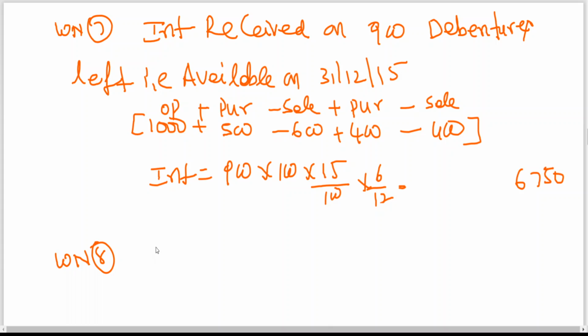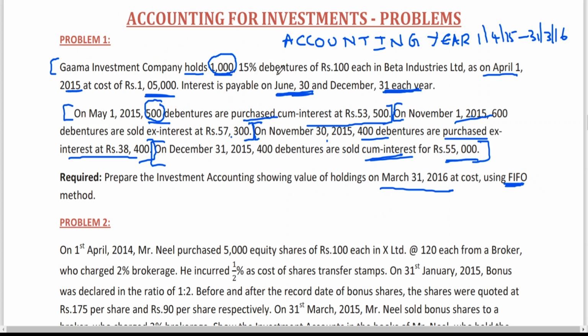The interest is being paid on 31st December, but you're closing books on 31st March. So closing balance 900 debentures, accrued interest will be 3 months. The reason is that the investing enterprise, Gamma Investment Company, is going to get interest on 30th June 2016. Therefore 3 months interest will become accrued.